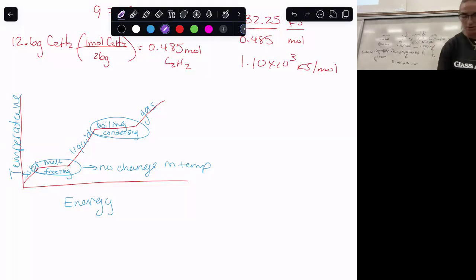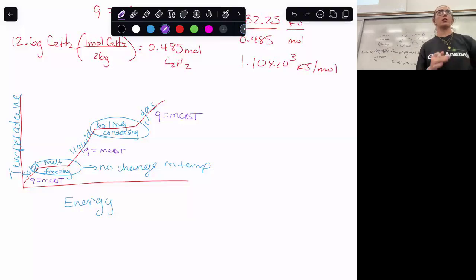At the diagonals, you're always going to use Q is equal to MC delta T for all three parts of that graph. However, the C here is the specific heat, so the C changes depending on the state that you're in.